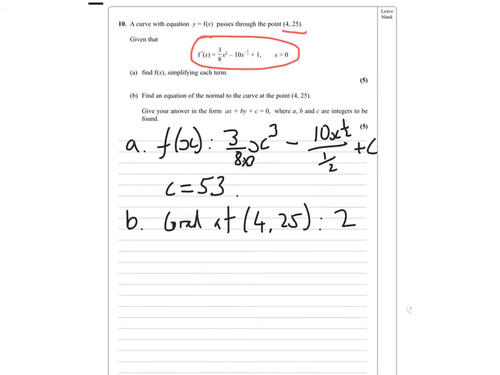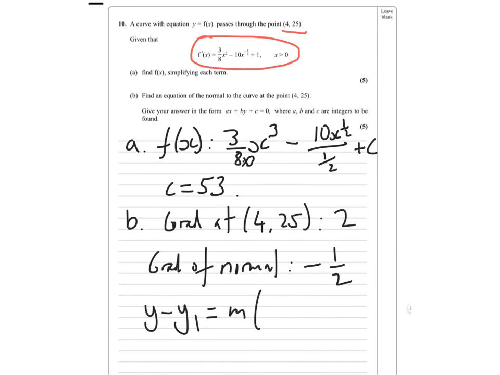Right, you then know the gradient of the normal has got to be minus a half, and then you're going to put it into y minus y1 equals m(x minus x1), which comes up all the time, doesn't it? Alright, and you should end up with a fairly straightforward equation.